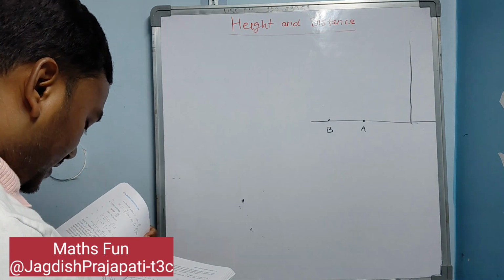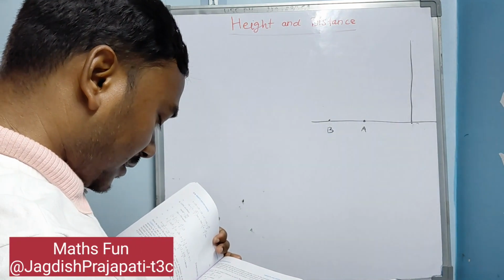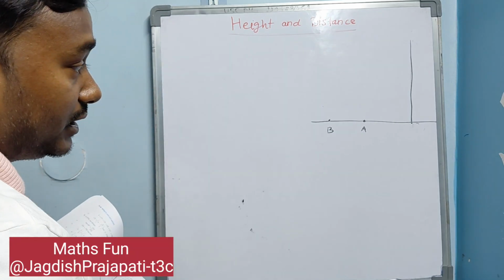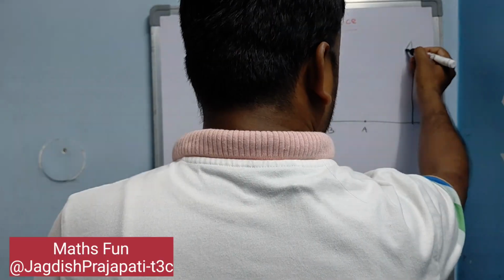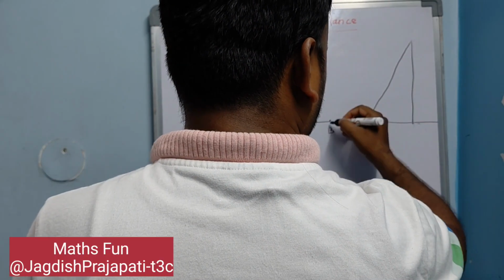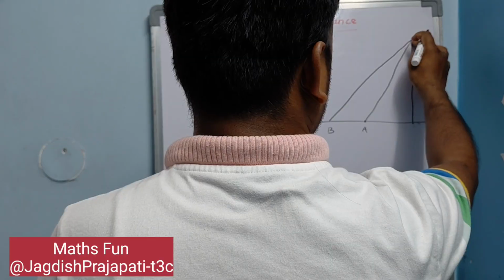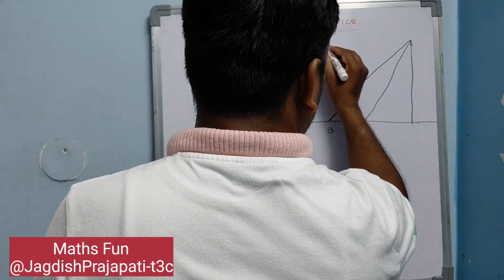The angles of depression of these points from the top of the tower are 60 degree and 45 degree respectively. Here respectively means first 60 from point A and then from point B. Okay, the angle of depression.